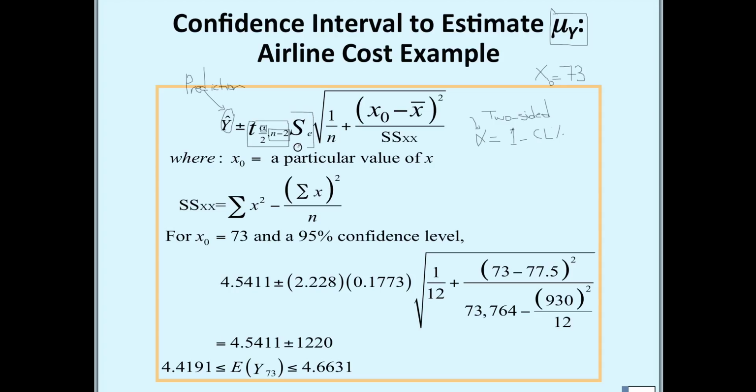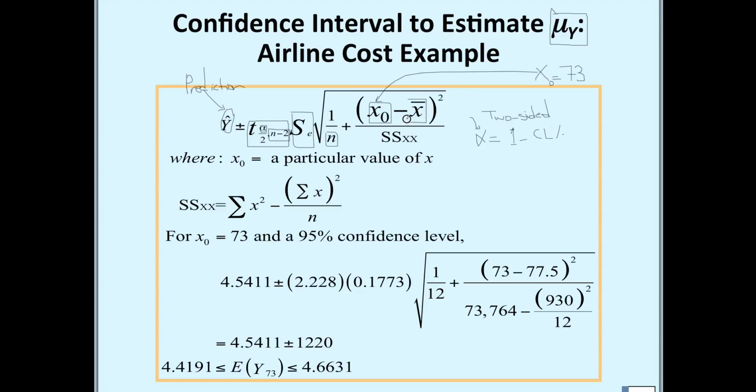Times the standard error. I showed you how to calculate that part. You already have that. Times the square root of 1 over n plus, where n is the number of observations, here 12. X0 is what you're trying to estimate the function for, that is 73 in this case. We want to predict it for 73 passengers.